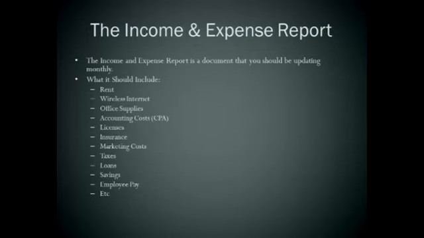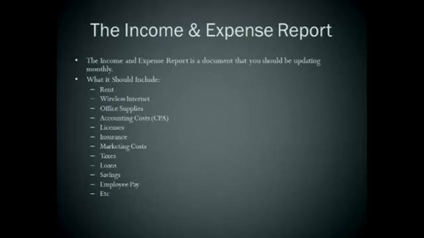Okay, so the income and expense report is a very simple document. You can do this using Excel, or if you have QuickBooks or any of the other financial management services to help you run your firm. It's very basic. You want to really get down every expense that you think your business is going to have on a monthly basis. So what are you going to spend your money on?